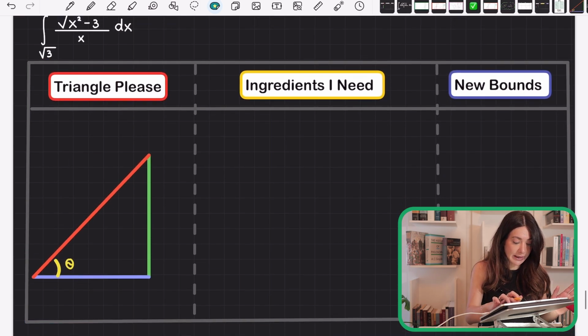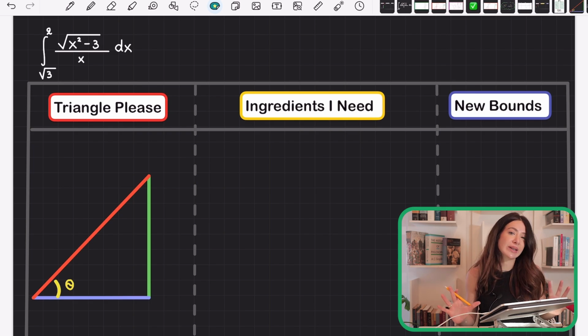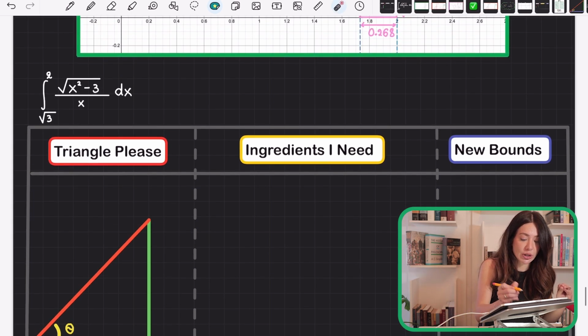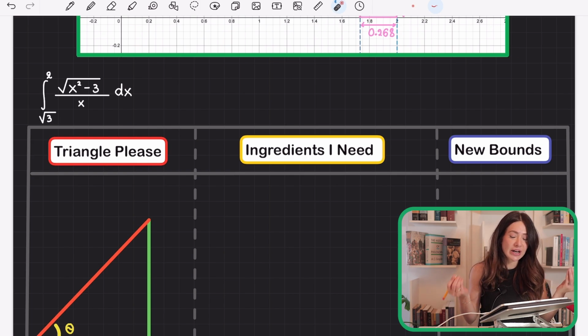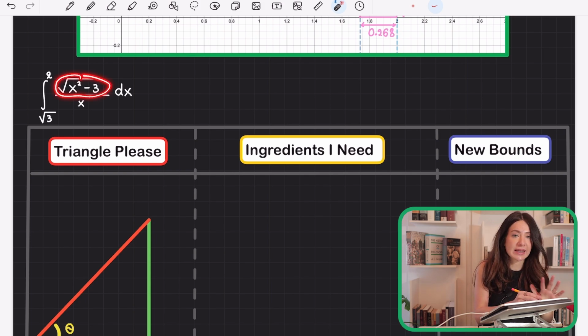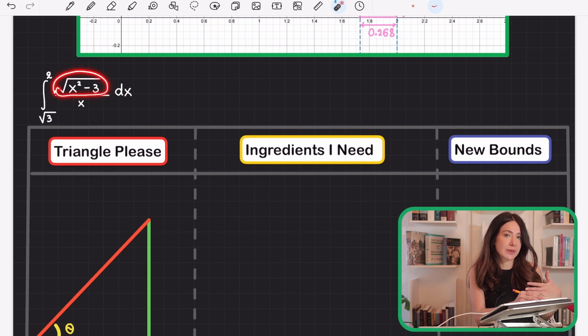I have this template because these are all the things that you're going to need to do when you're presented with a trig substitution integral. How do you know you have a trig substitution integral on your hands? Because this integral is extremely difficult or impossible to solve in terms of x, therefore you need something, and this expression is telling you that something has to be trig substitution, because right here, there is a triangle going on.